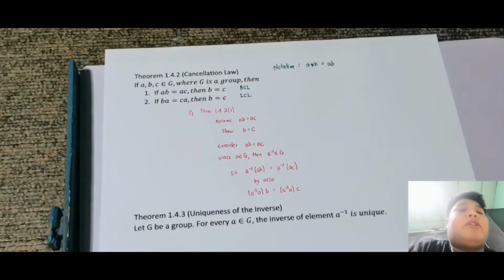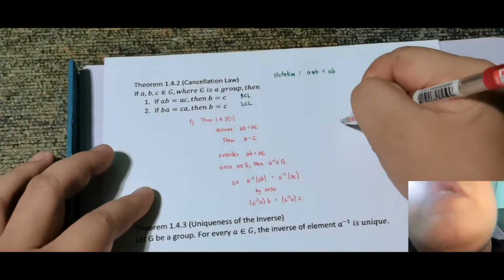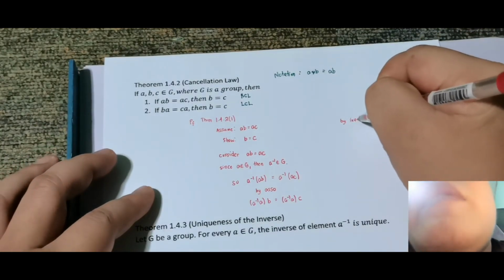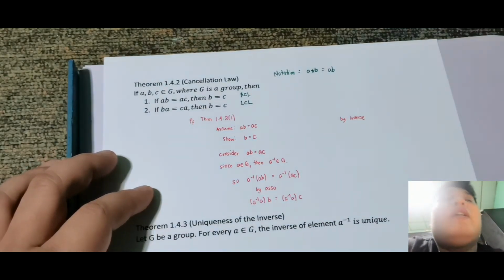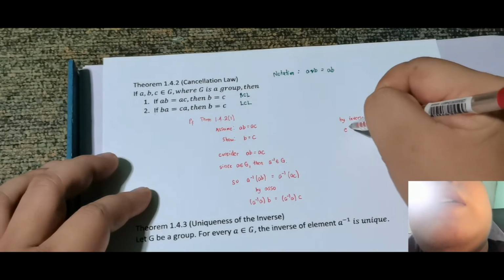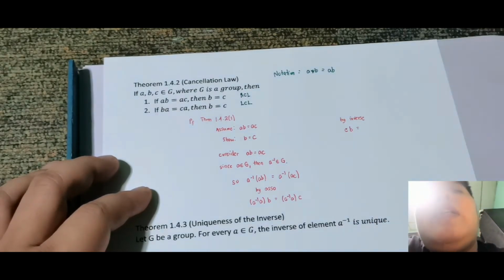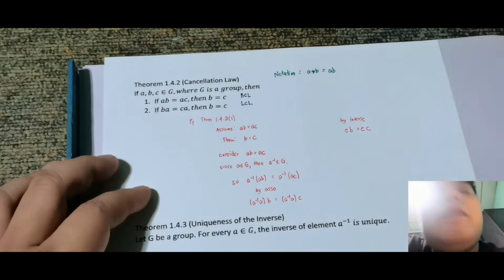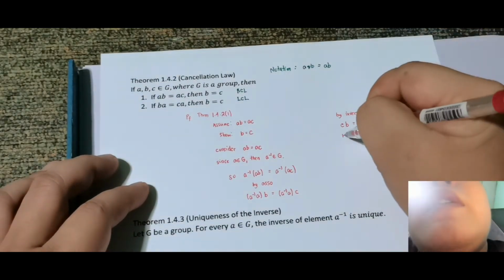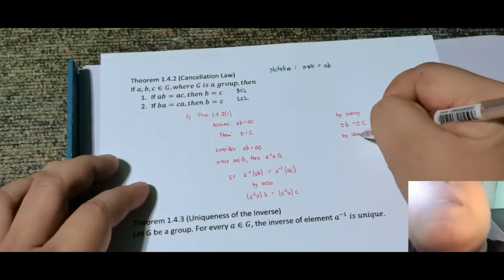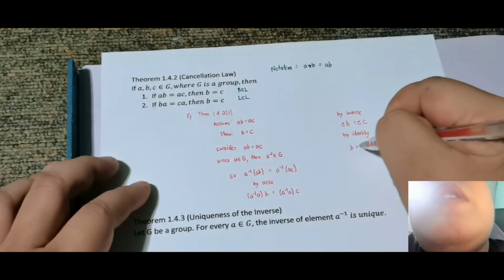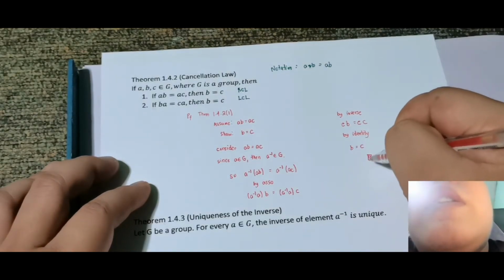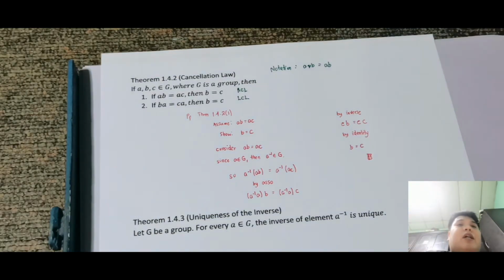Yung A inverse A. So, by inverse property, yung A inverse A is equal sa E, B is equal to A inverse A is also equal sa E, C. Okay, then by identity, by definition of identity, we have E asterisk B is just B and E asterisk C is just C. So this is B is equal to C. Therefore, this is done. Okay, so ganun siya kasimple.